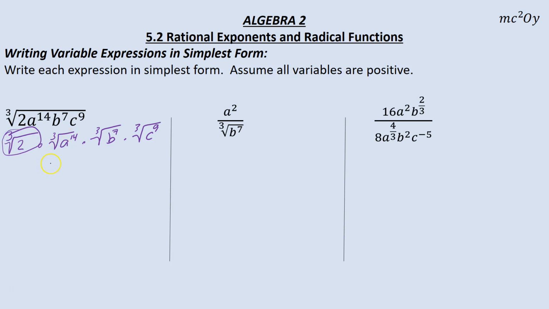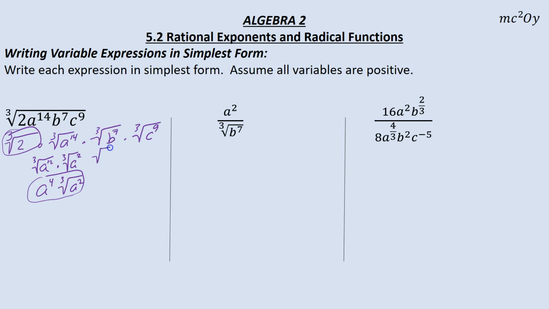Cubed root of a to the 14th, I could think of that as 3 goes into 12, so that would be the cubed root of a to the 12th times the cubed root of a squared. I can get 4 a's out of that, so a to the 4th and the cubed root of a squared. So I'm done, dead end there now.